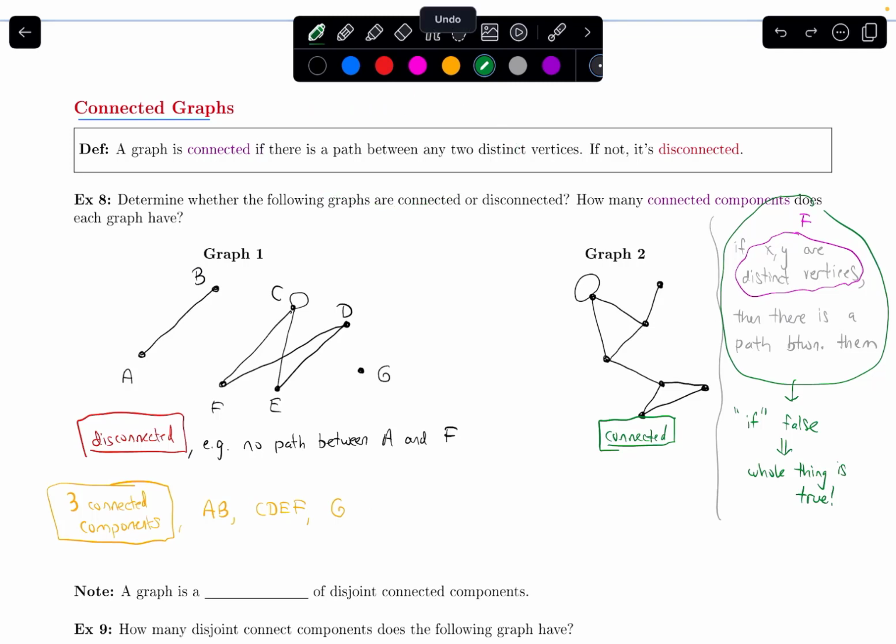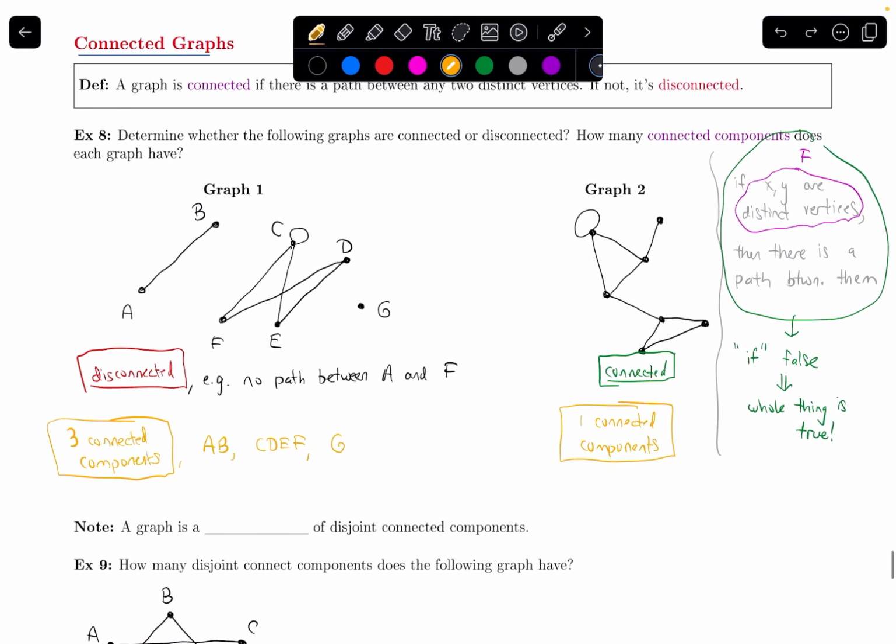Okay. Graph 2, because it was connected, just has one connected component. Typically we only use the term connected component to refer to graphs that are disconnected, because the ones that are connected are already connected. They just have one connected component.